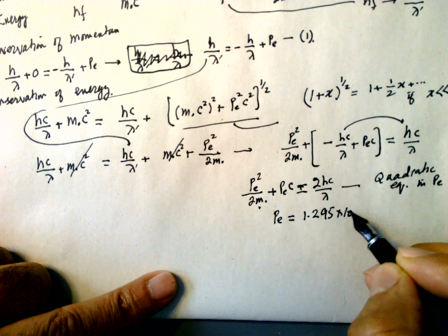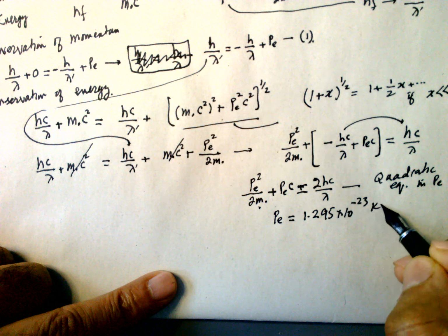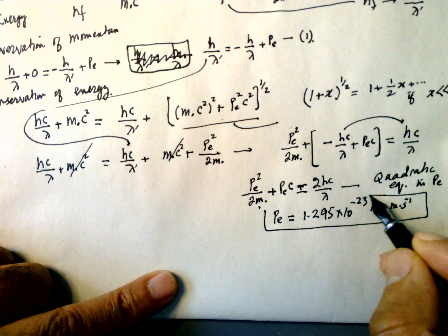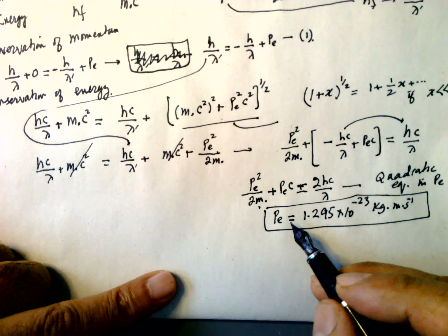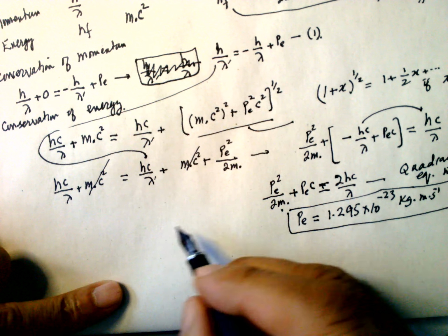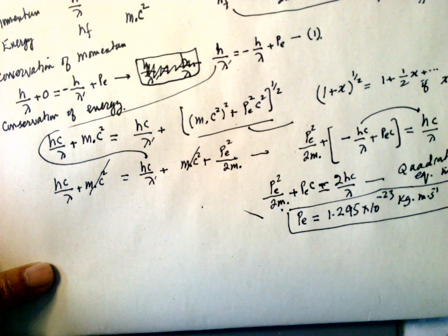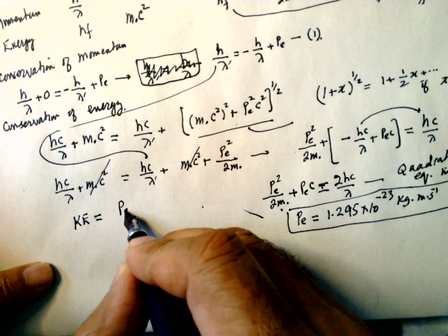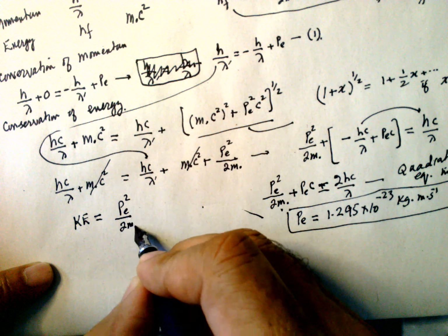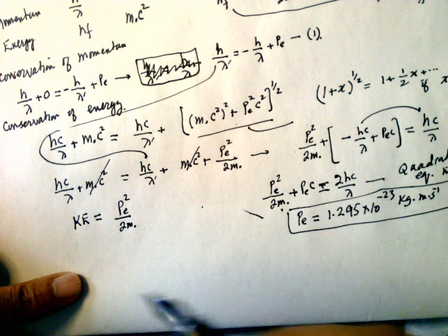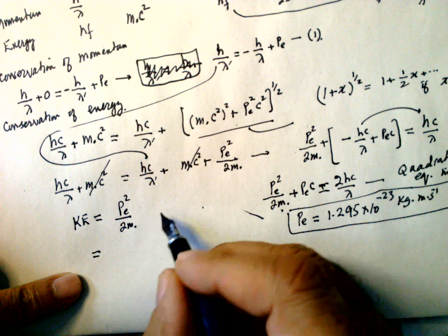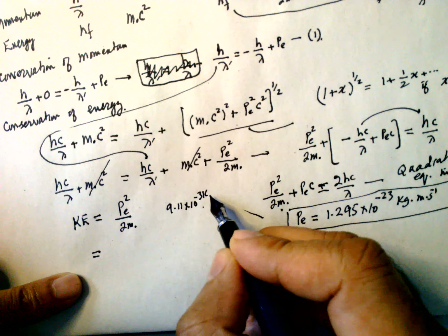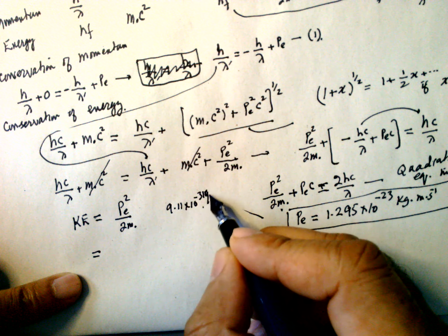So the value of PE, the momentum, is equal to 1.295 times 10 to the power minus 23 kilogram meter per second. If we have this, then we can find the kinetic energy. Kinetic energy KE is equal to Pe square over 2m naught. m naught is 9.11 times 10 to the power minus 31 kg.